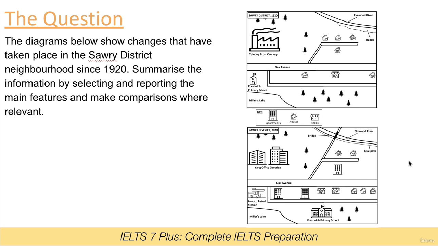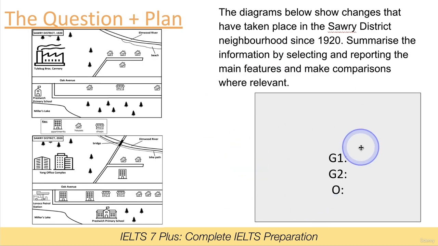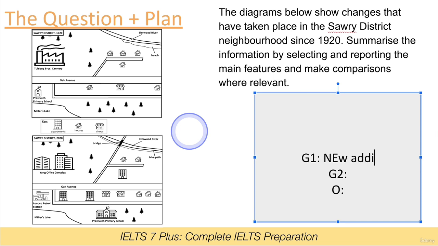Okay, so how would I put this together in a plan then? Well, maybe for my first grouping, I would think about new additions. So we need to group this. Grouping can be tricky for maps, so this is what I would do. So anything that is completely new.